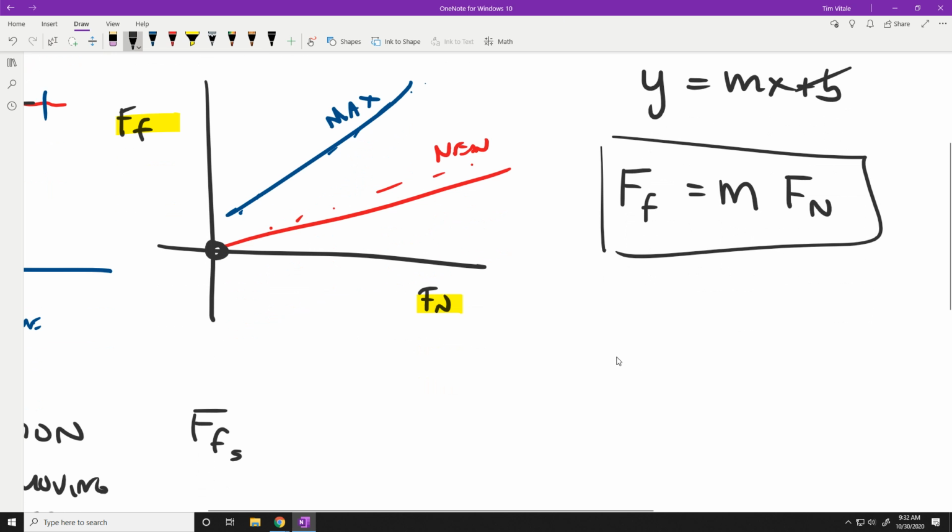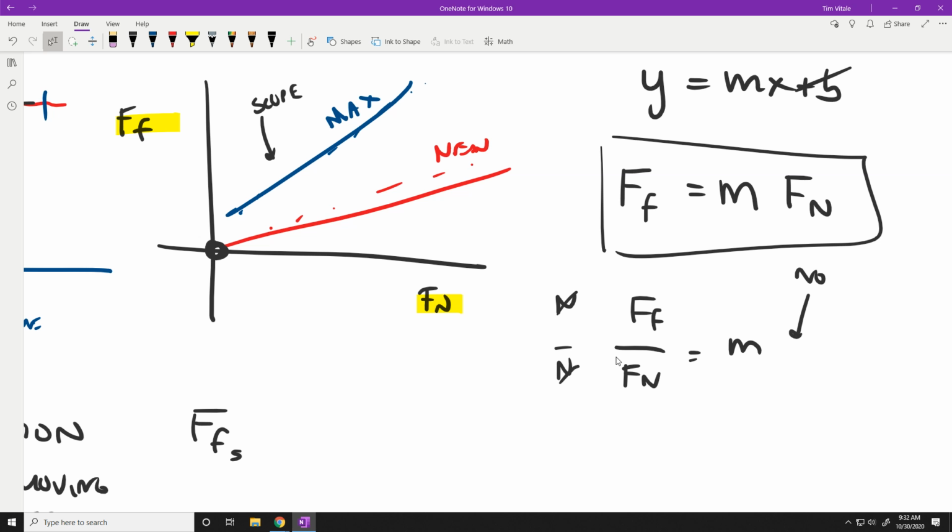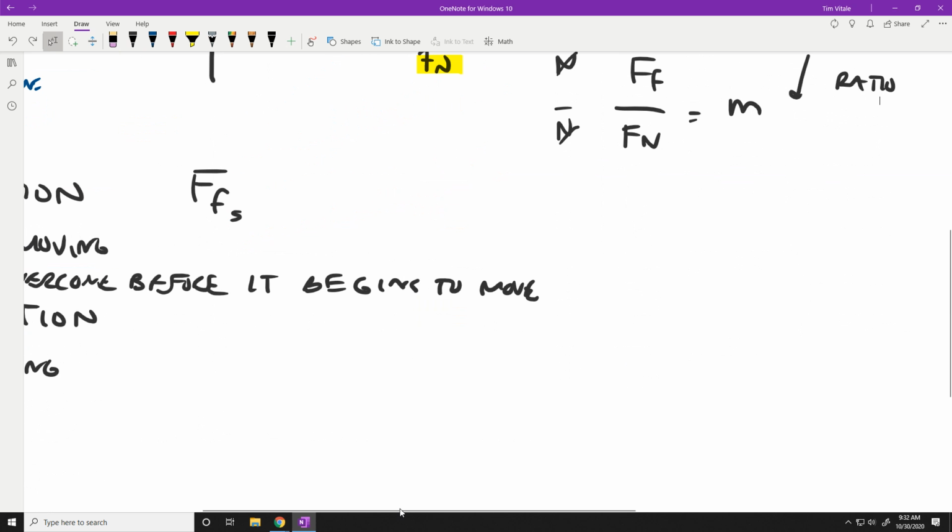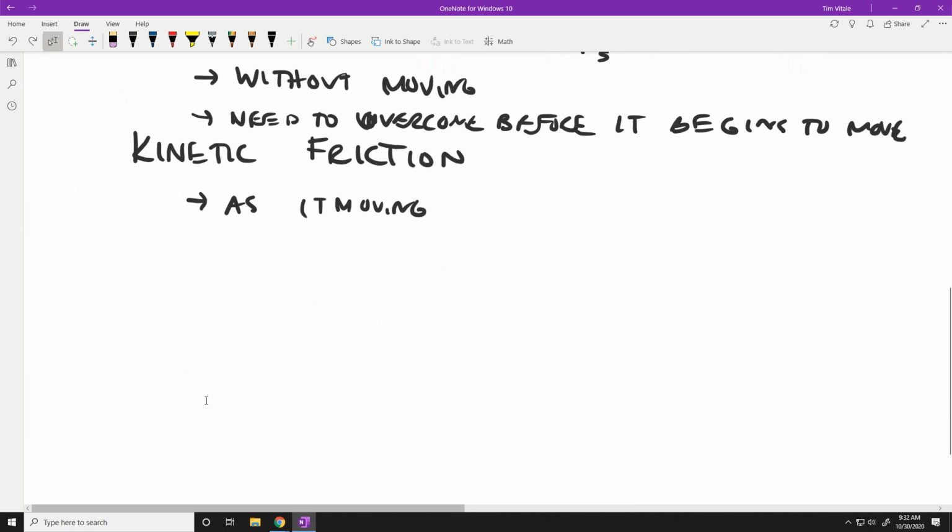The only question is, what does the slope represent? If I divide these things, friction divided by normal, I get some slope, but these are both newtons, right? So a newton's going to cancel out with a newton. So there's actually no units for this, whatever this slope is. It's unitless, which means that it's a ratio. And what it actually is, scrolling down, it's called the coefficient of friction.